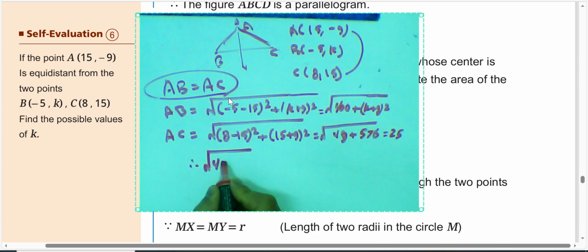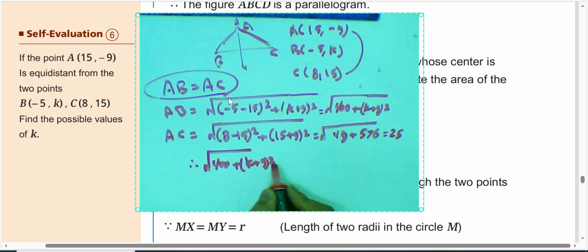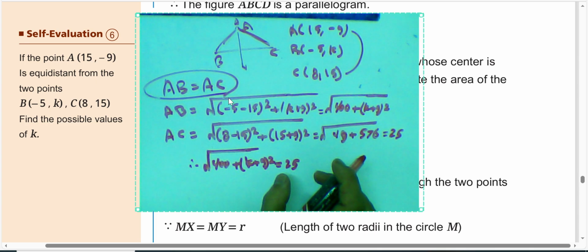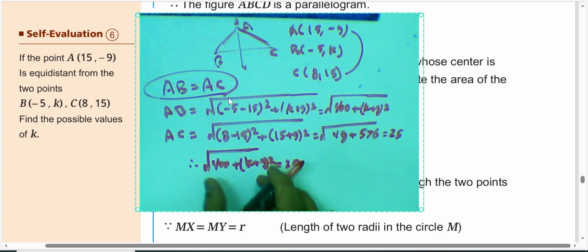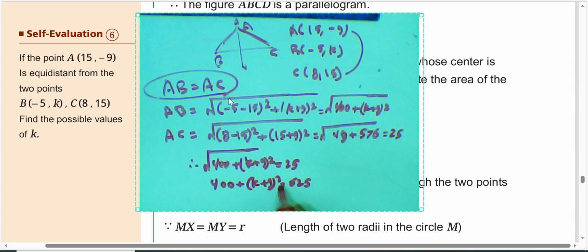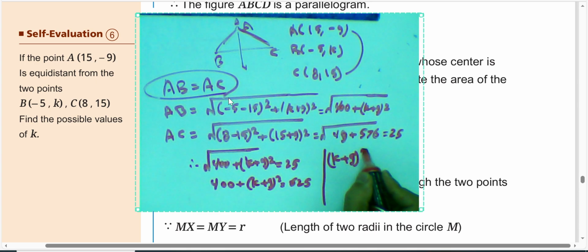Square root of 400 plus k plus 9 all power 2 equals 25. Then we can square both left hand side and right hand side. Then under the square root, 400 plus k plus 9 all power 2 equals 625. Move 400 to the left hand side and change sign, then we have k plus 9 power 2 equals 625 minus 400, equal 225.